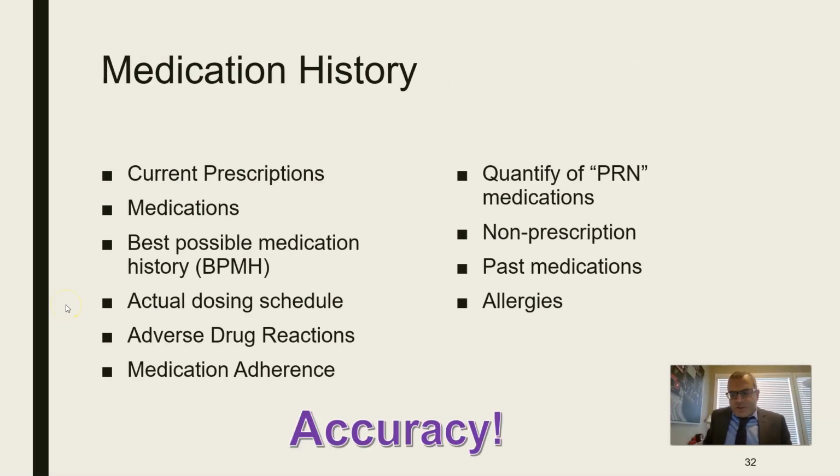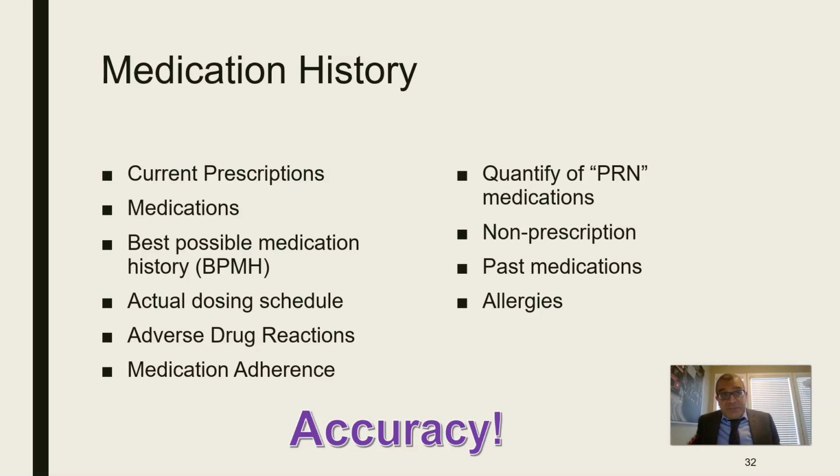Okay, medication history. We are the drug experts, so you need to look at the patient's current prescriptions, medications, and the patient's actual dosing schedule. If you have it in the list, it doesn't mean the patient is actually taking those medications, so look at the actual medication use. Also look at whether the patient experienced adverse drug reactions, patient allergies, and any past medications that could be causing problems currently.